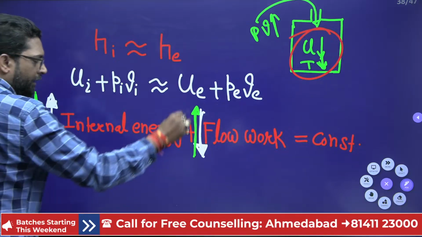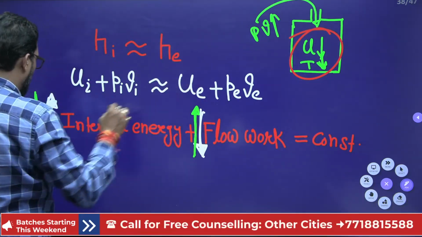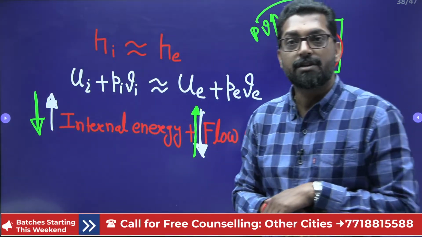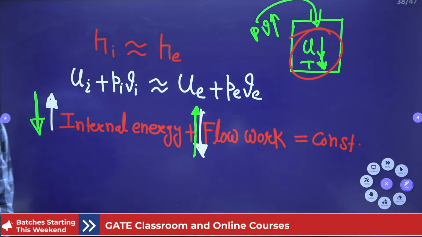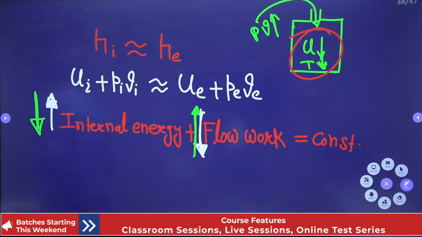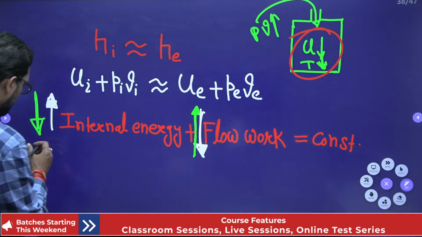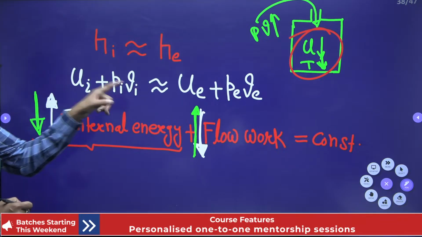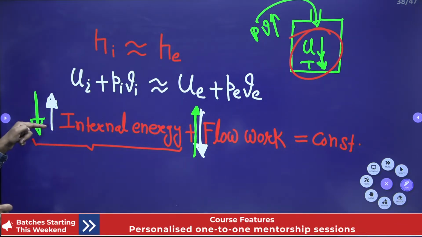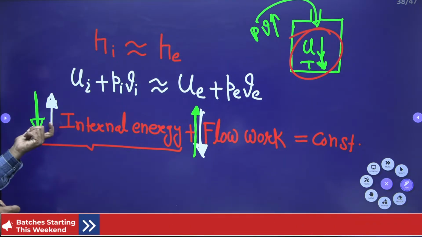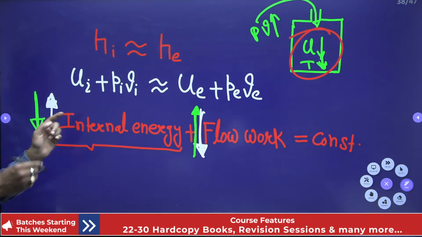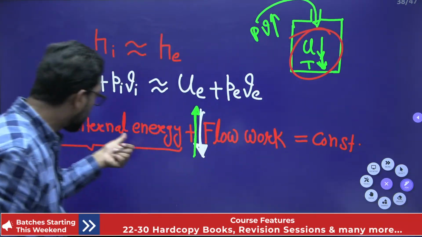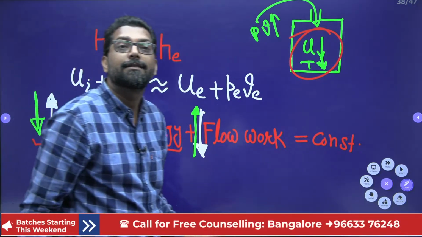If we increase the flow work, internal energy should decrease so that the summation remains constant. That means during the throttling, internal energy may increase or may decrease. Yes or not? And internal energy is a good representation of temperature. That means during the throttling, temperature may increase or may decrease. This is very important.